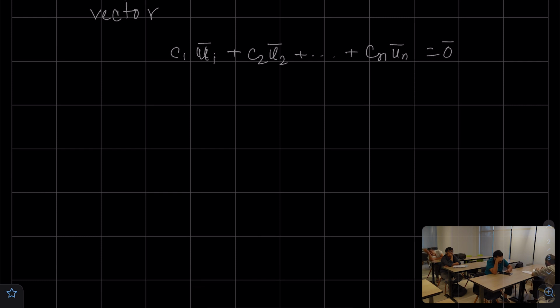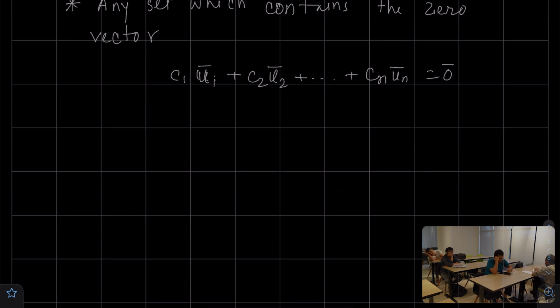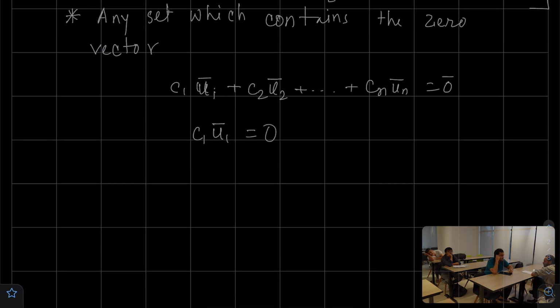Now, it doesn't mean I have to take all the elements from the set S. Even if I consider C1 u1 vector is equal to 0 vector, right?